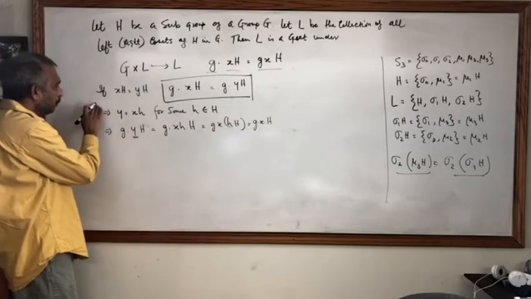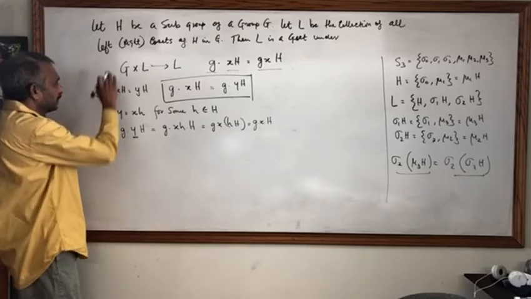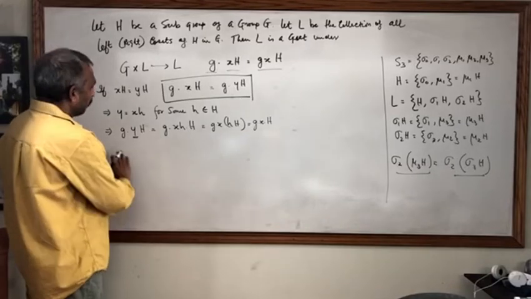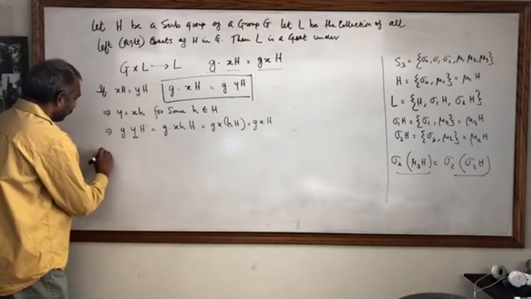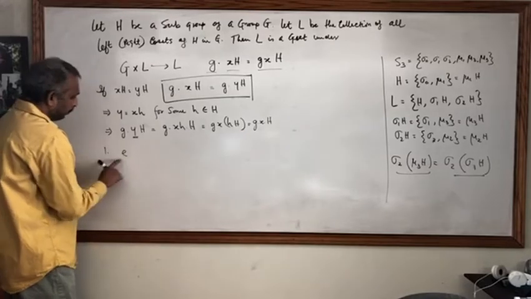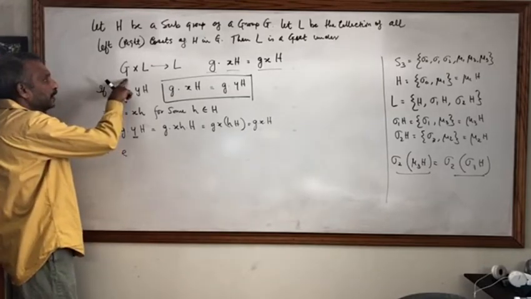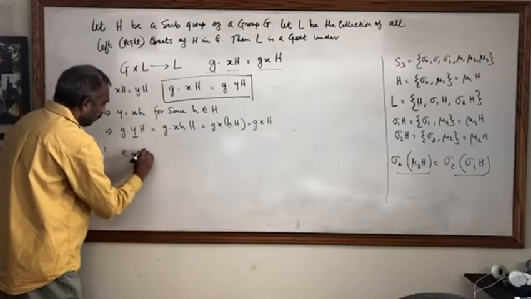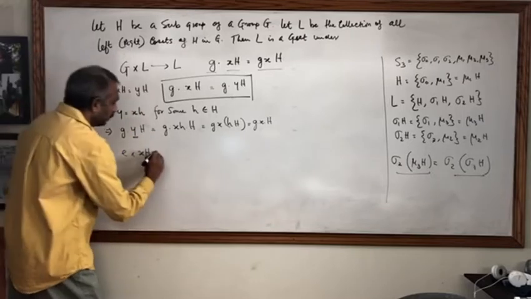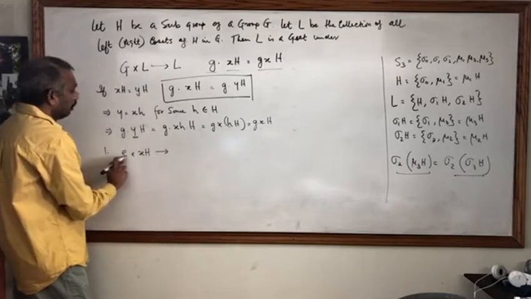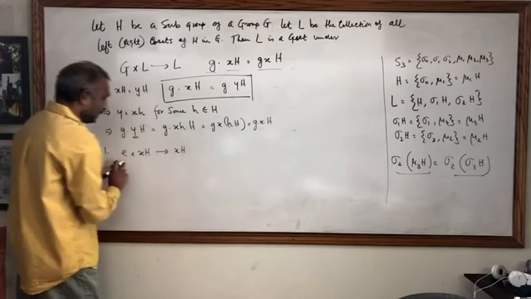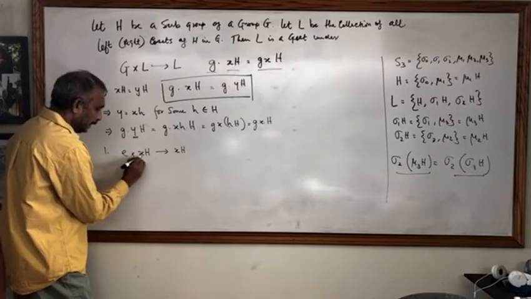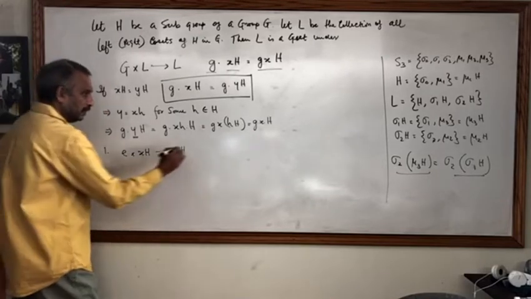But still we need to prove that all the axioms of the action are valid. So for example, the first one is e, the identity of G, times any element xH in L should be mapped to xH, and that is clear because this is e times x is x, so this is clear.